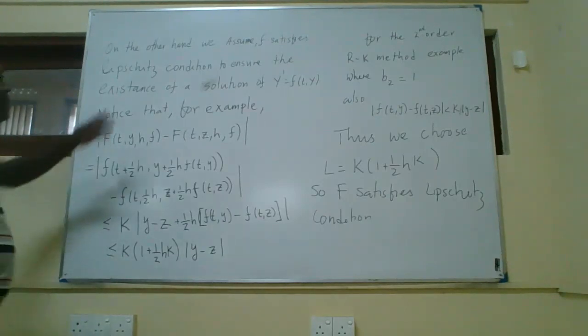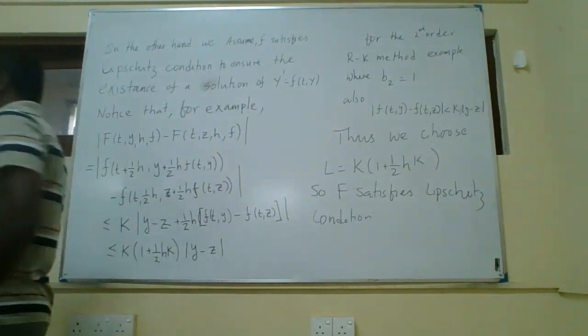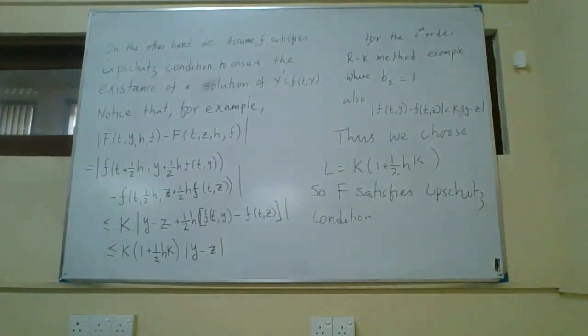So this is just an example of how you can use the Lipschitz condition on small f to derive a Lipschitz condition on capital F. So that is the example.